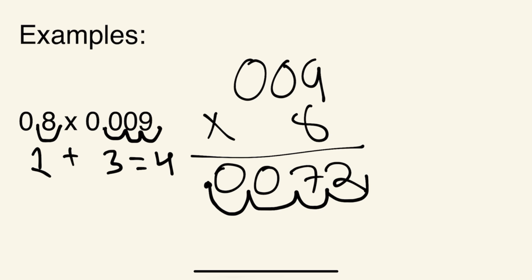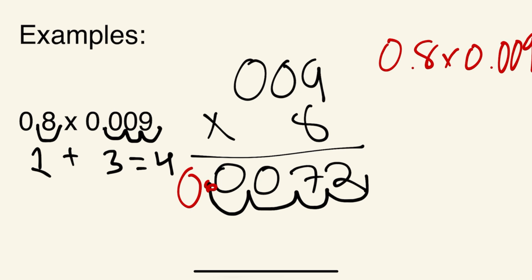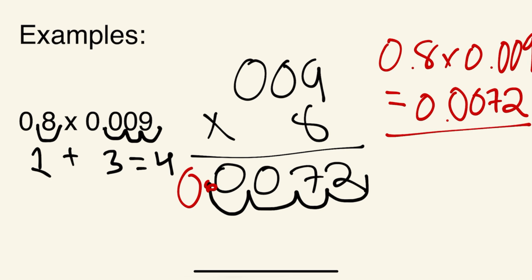Decimal point. Let me put that in a different color. So decimal point and then a 0. So this means that 0.8 times 0.009 actually equals 0.0072. And this is our final answer.